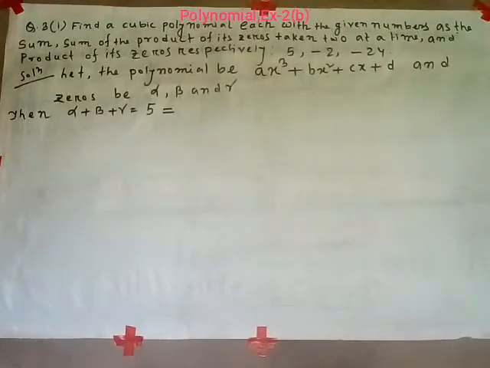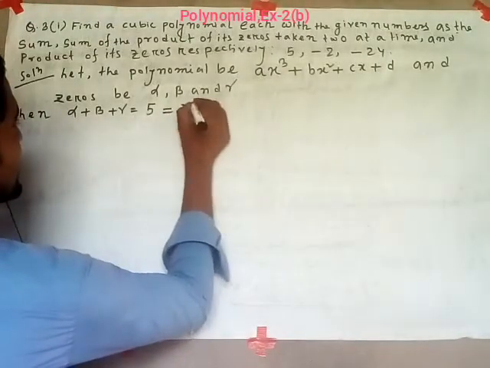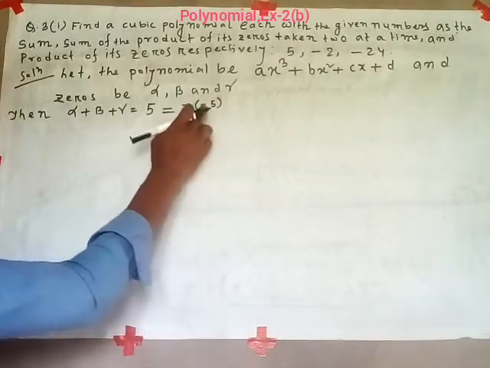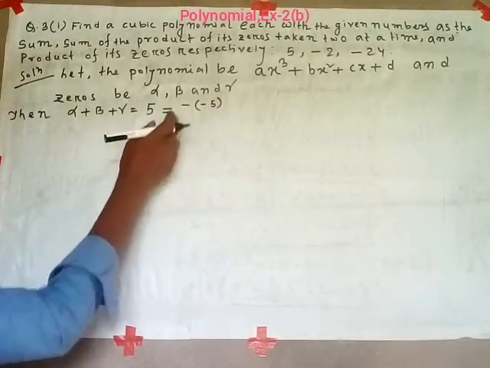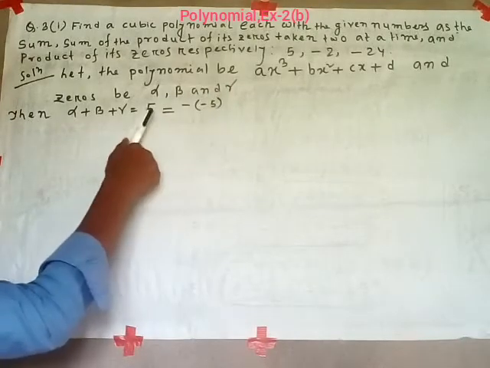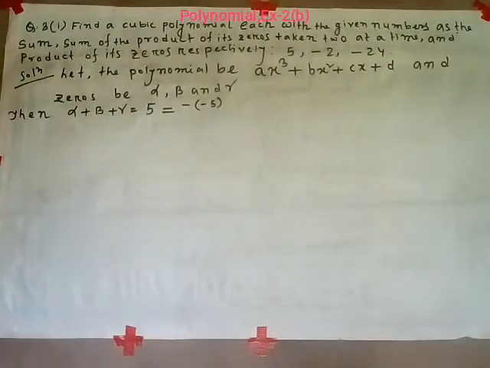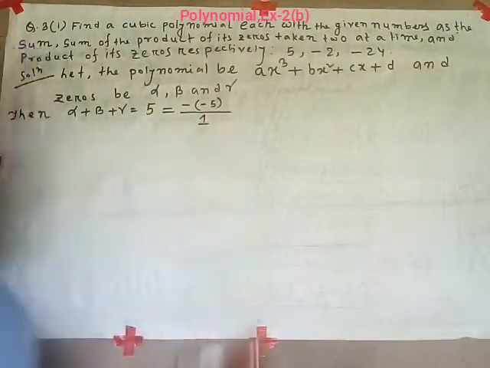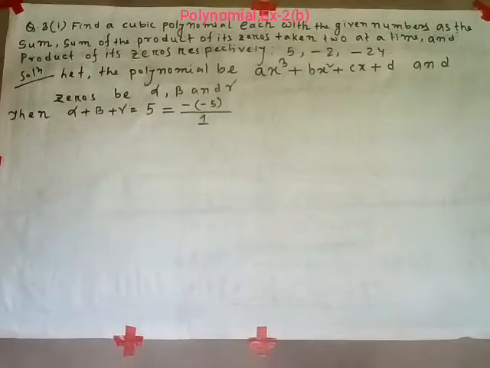How can we write? We can write minus into minus 5. Minus into minus, again plus. So this 5 and this 5 are the same. And we can write here denominator 1. 1 as a denominator is of no value, so if you write it, okay, and if you don't write it, also okay.